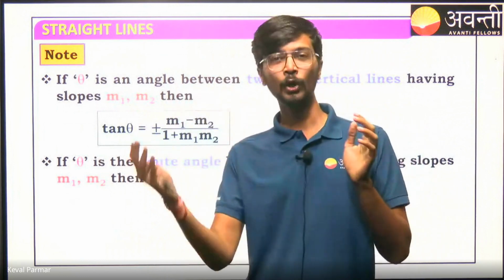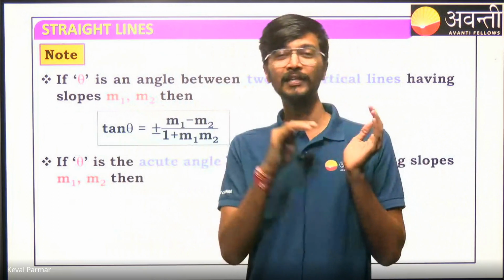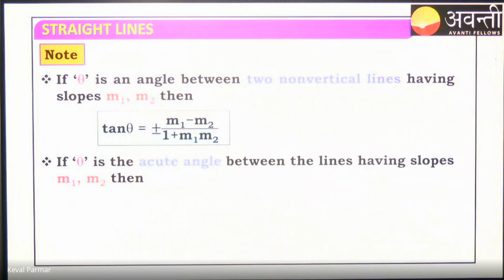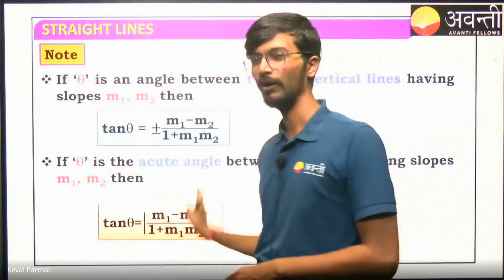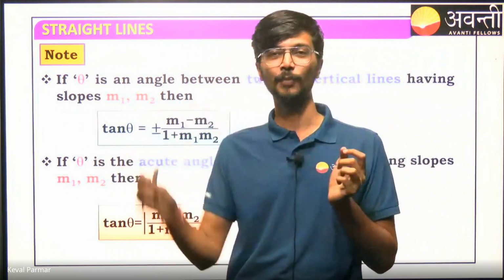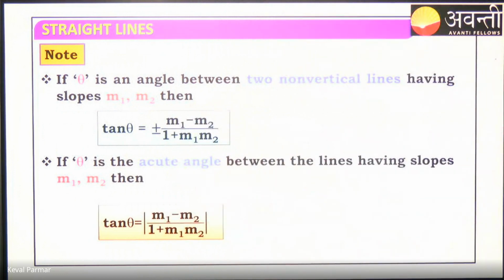Obviously, if we want to find the acute angle, then we'll use plus, and if we want to find the obtuse angle, then we'll use minus. Correct? As you can see, the next point is that if we want only the acute angle, we simply put mod, because we want only a positive value, as tan theta is positive in the first quadrant. So try to remember this formula.